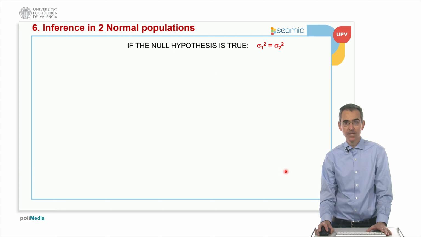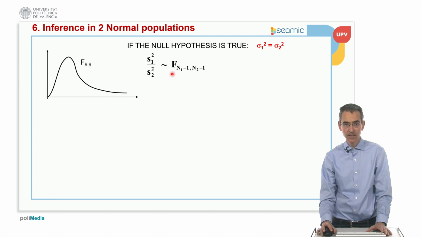Well, good. If the null hypothesis is true, then we know from the theory that the ratio of sample variances will follow a Fisher's distribution. In this case, the degrees of freedom are 9 and 9, because the sample size was 10 in both cases. We go to the Fisher's table with alpha 5%, and we read that the critical value is 3.18.